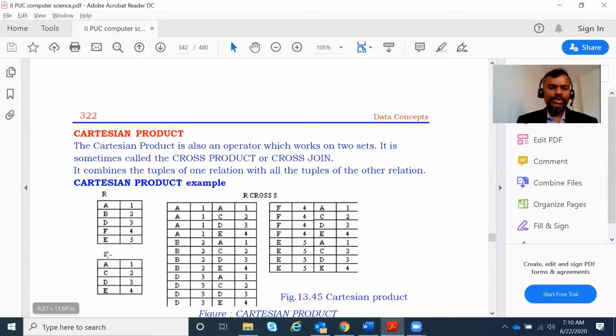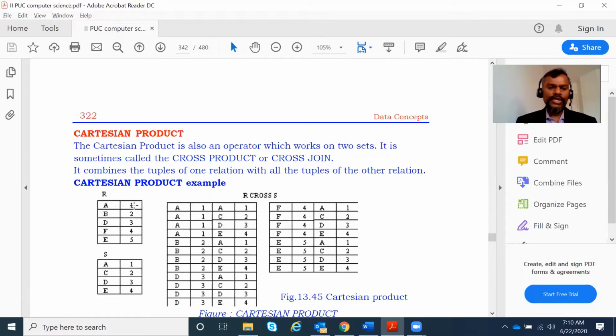So R and S are two tables. It takes the first table R. The first record is A1. It goes to the second table and pairs A1 with the first record, which gives me that combination. Again, for the same first record of table R, it goes to the second record and gives me that combination, so it gives me A1 and C2.